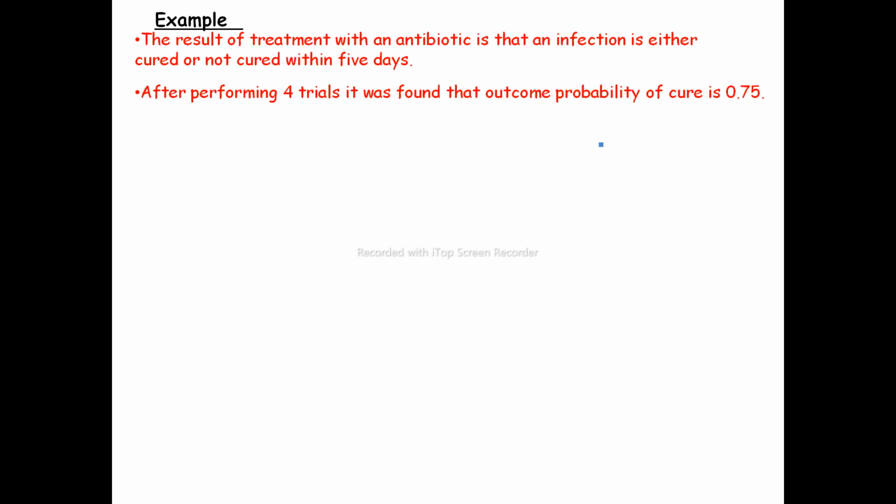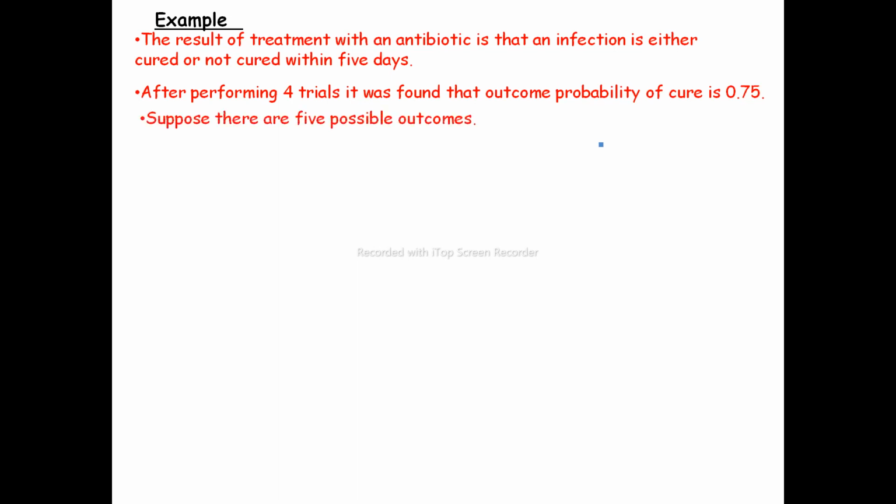So how many trials? We have 4 trials, so the value of n is 4, and the probability of success is 0.75, so P is 0.75. We understood that it is a binomial distribution, and we got n, that is 4, and p, that is 0.75.